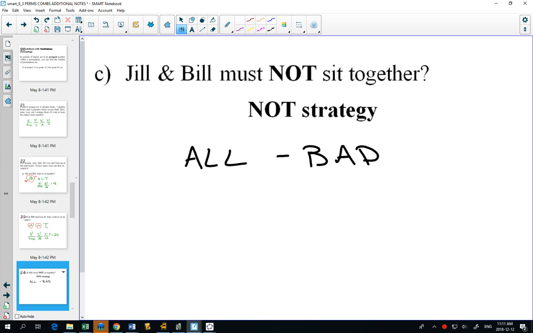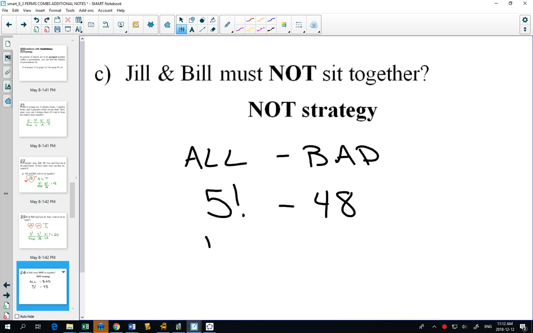What are all the ways that they can sit on the bench? 5 people without any restriction would be 5, 4, 3, 2, 1, 5 factorial. The bad ways we counted in part A, we already know that that's 48.